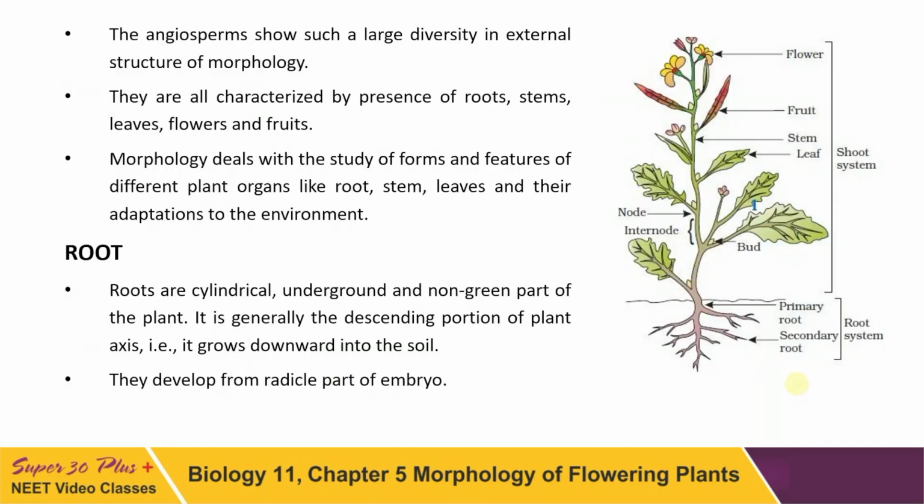Right? Come to the next now. In morphology we have to study the external features of root, stem, leaves, fruits, flowers and seeds. We know that angiosperms have a lot of diversity in external structure, but even then all angiosperms have a basic plan in their external structure. They are characterized by the root system and the stem.